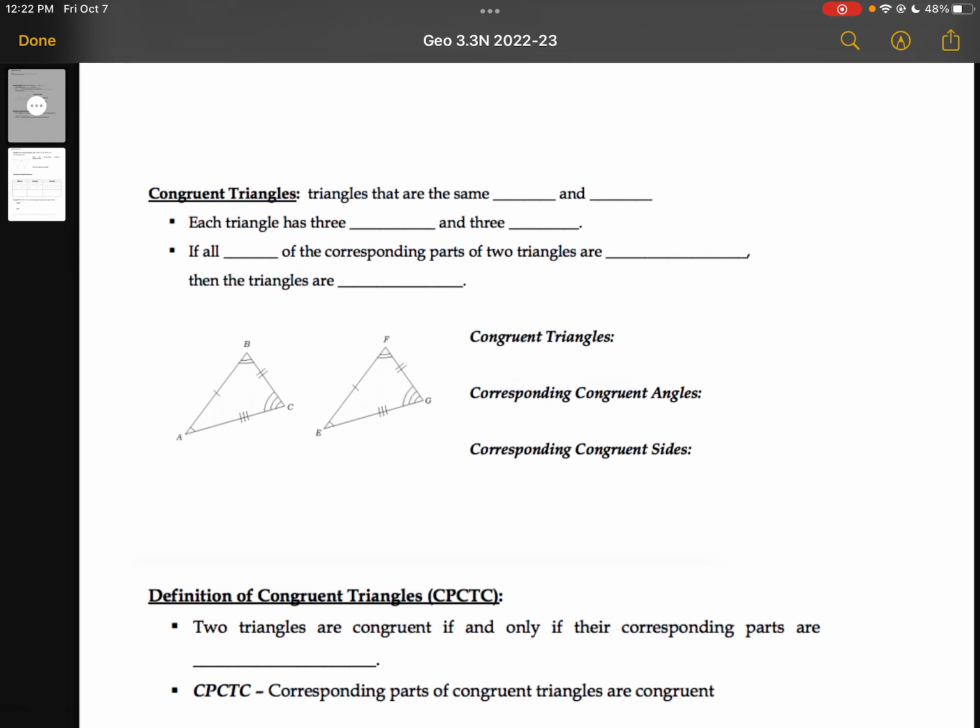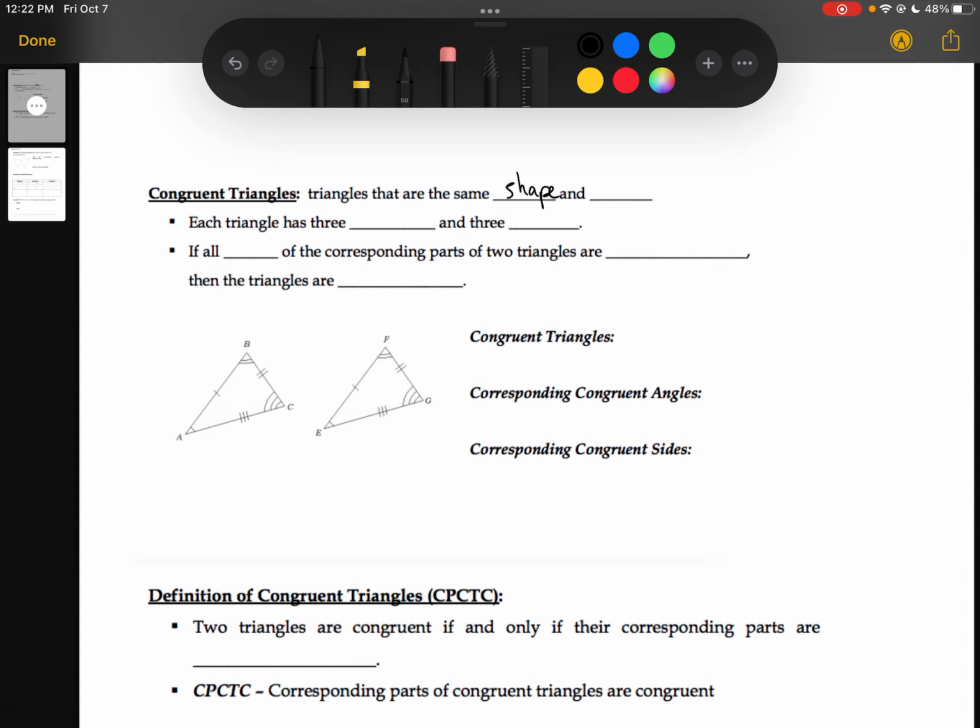So some good definitions today, things that we'll be using in proofs, and also things that we're going to be using in terms of solving. So congruent triangles are triangles that have both the same shape as well as size. Here each triangle has 3 angles and 3 sides.